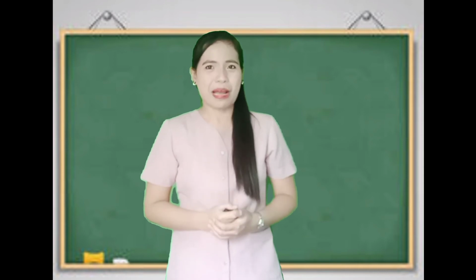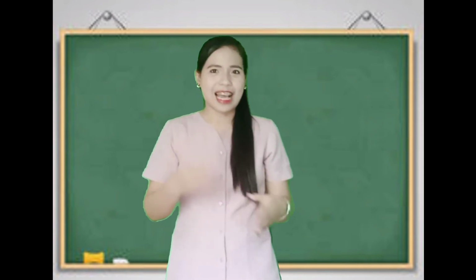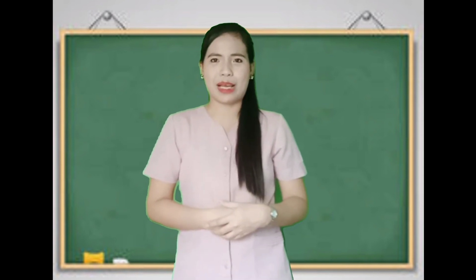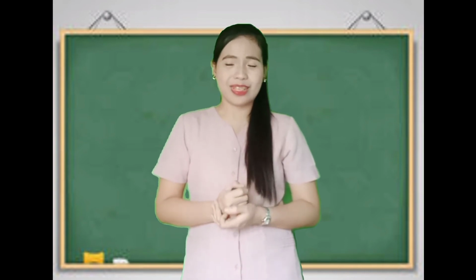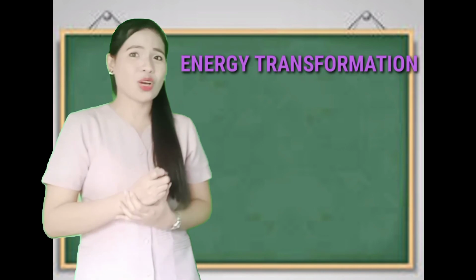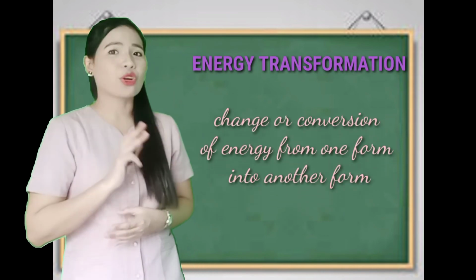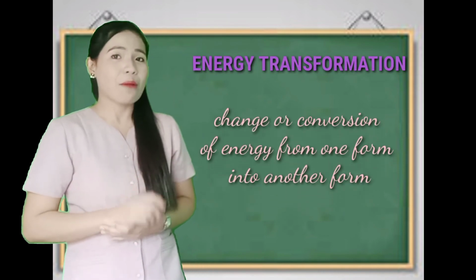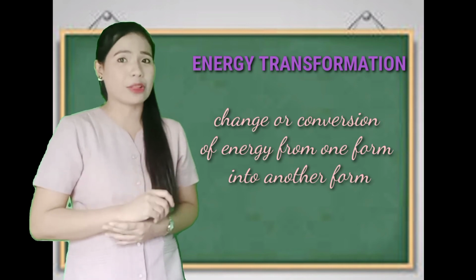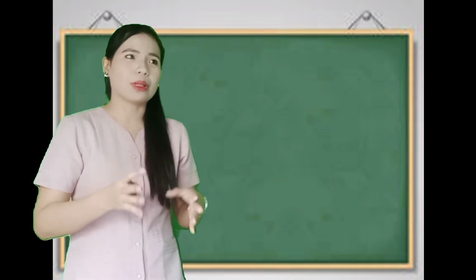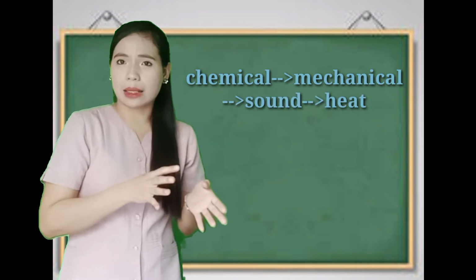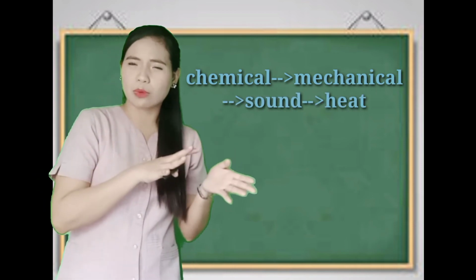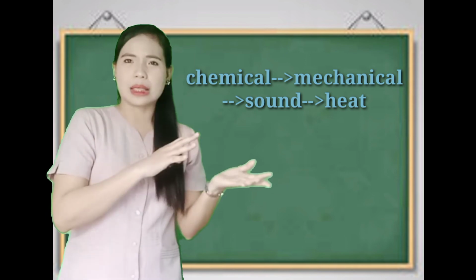It's time to wrap up the content of Module 5. So, we've discussed about energy transformation. When we say energy transformation, it is the change or conversion of energy from one form into another form. Like for example, chemical energy into mechanical energy, into sound energy, into heat energy.